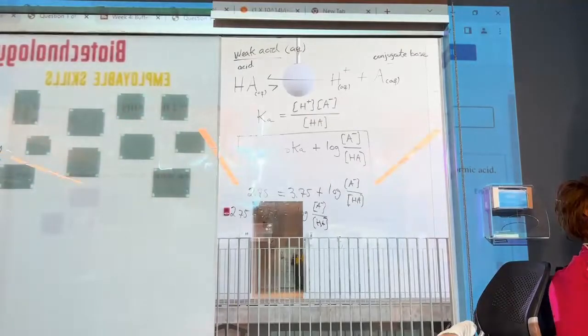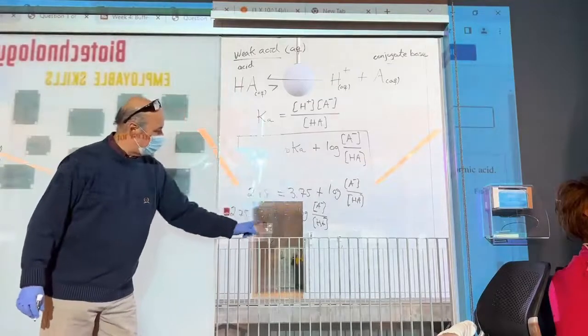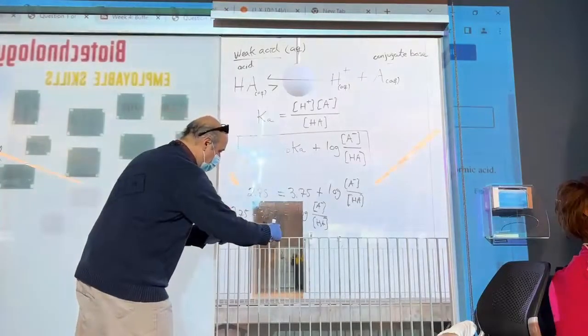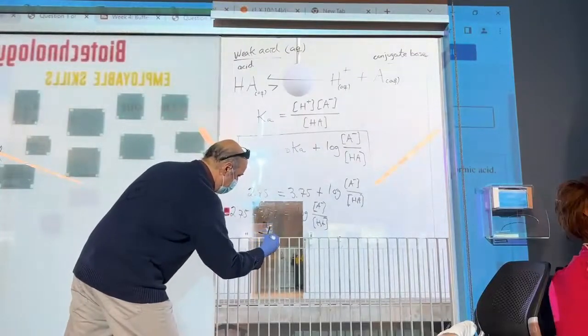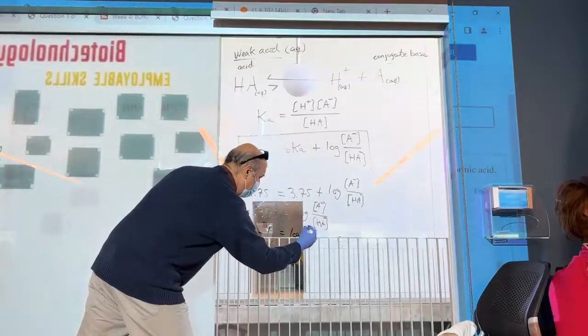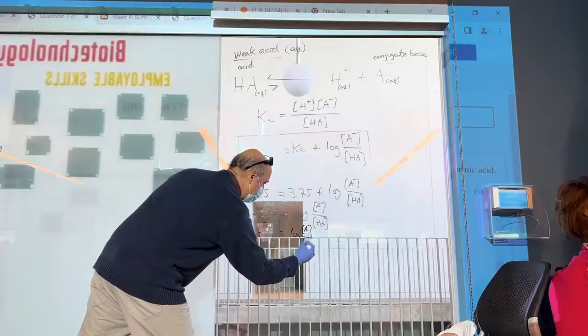Simple algebra, right? I just rearranged it. I moved this to this side and put the negative sign. So if I carry out that operation, now I have -1 equals log of A minus over HA.